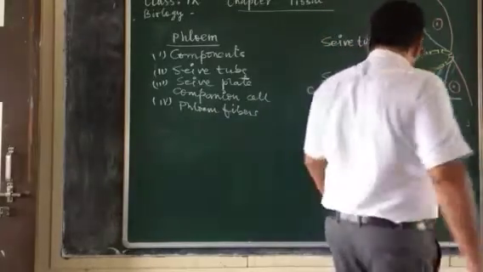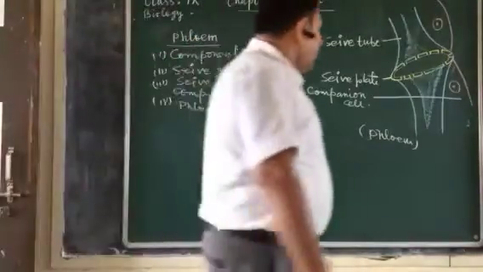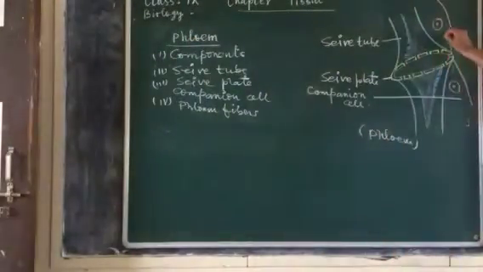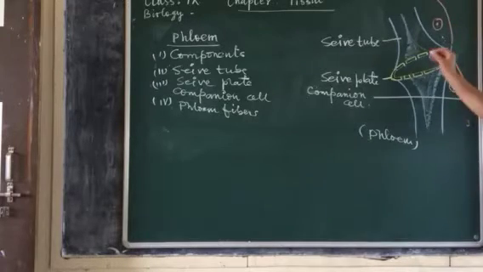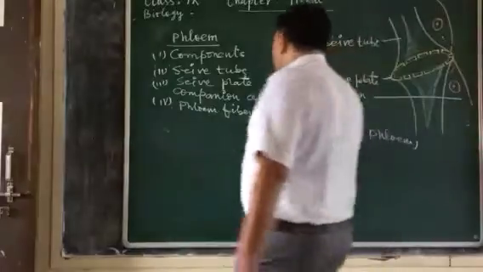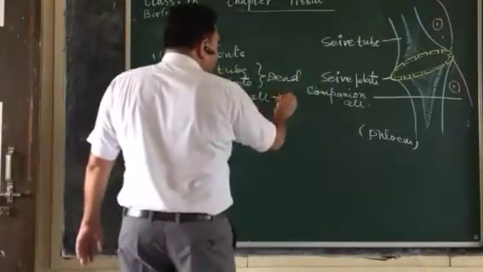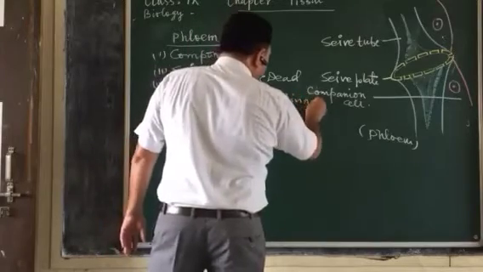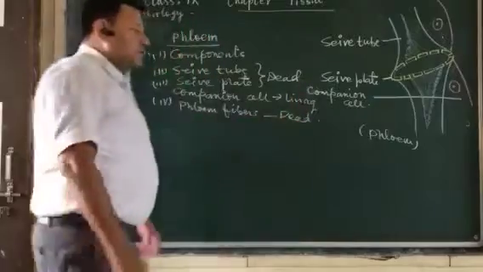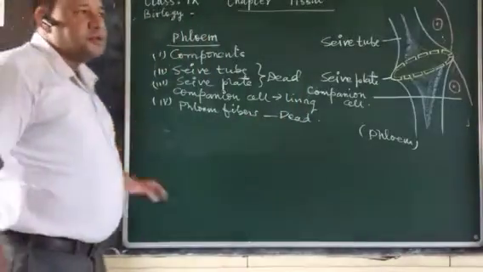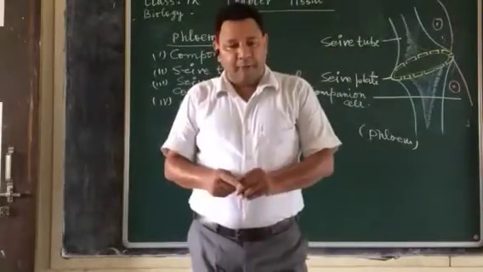So this is the function of the sieve plate. Now companion cells are there. These companion cells provide support and nutrition to the phloem cells. This one is the only living, and this is also dead. So this is all about xylem and phloem.